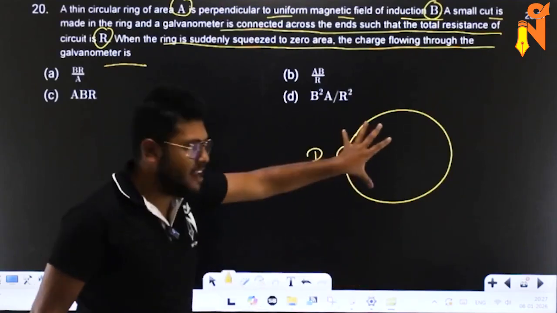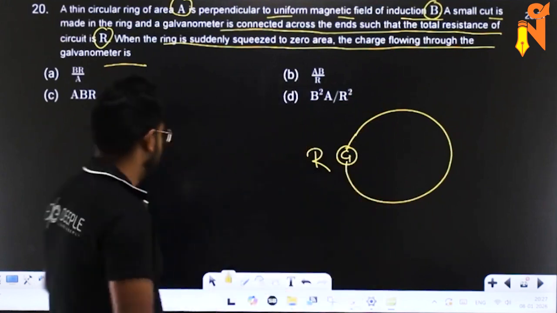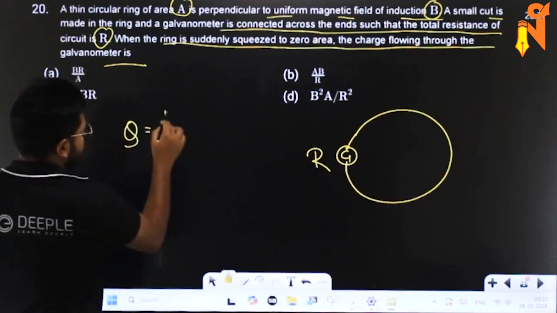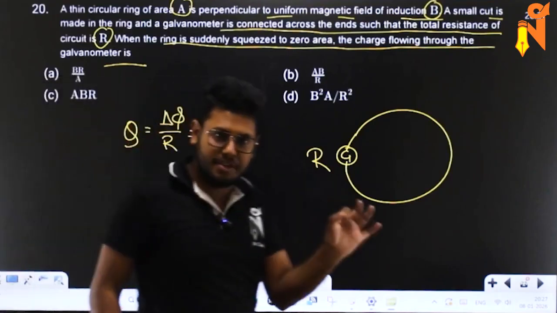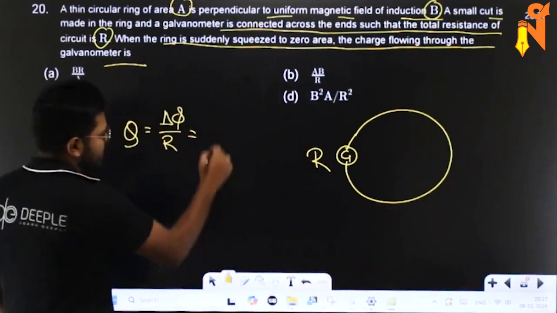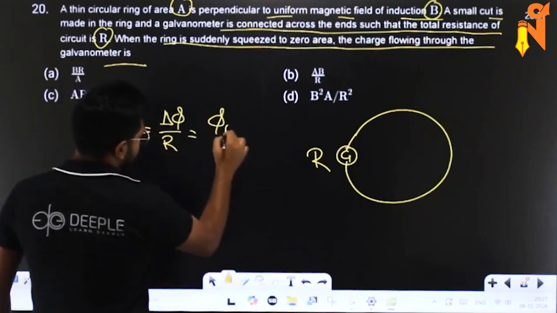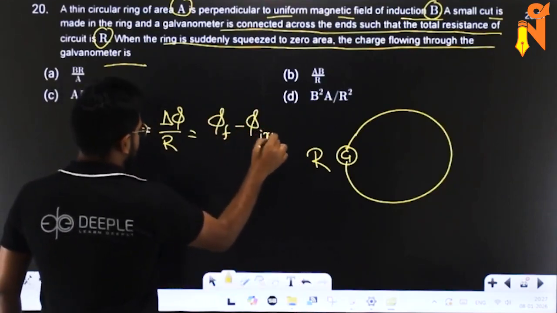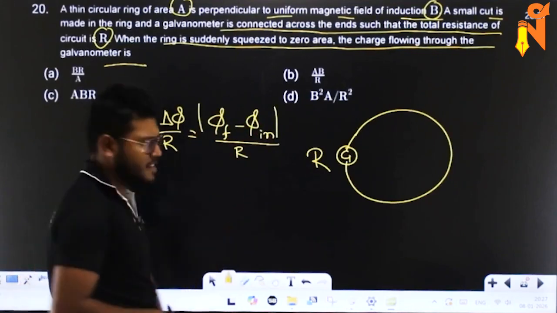There is some area, and suddenly after some time the area becomes 0. We all know the charge flown is given as change in flux over R. Finally the area becomes 0, therefore the final flux is 0. So phi final minus phi initial by R. But we are talking about the value of the charge flown, so direction doesn't matter for us.